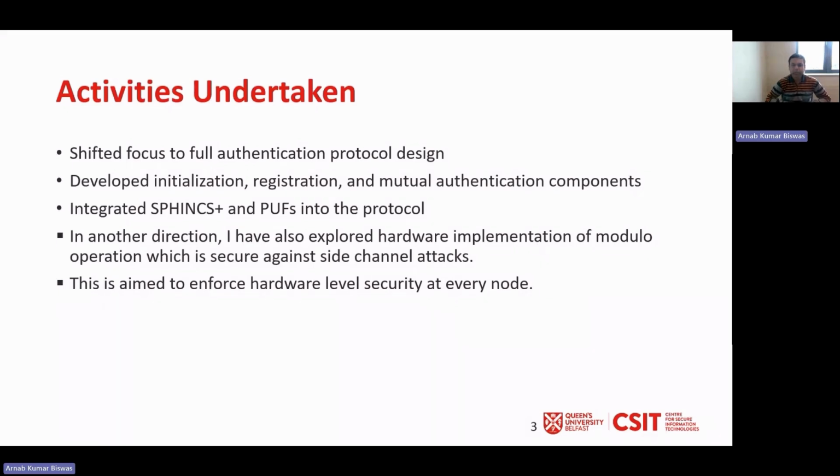So it may be necessary to have security from a bottom-up approach, with very low-level security features, if we can have a secure implementation. In this case, it is targeted at side channel attacks, so it is secure against side channel attacks. This mainly aims to enforce hardware-level security at the node level, at the endpoint. But I will mainly keep my attention on the first approach, which is the protocol, the post-quantum security. That is what I will mainly talk about.